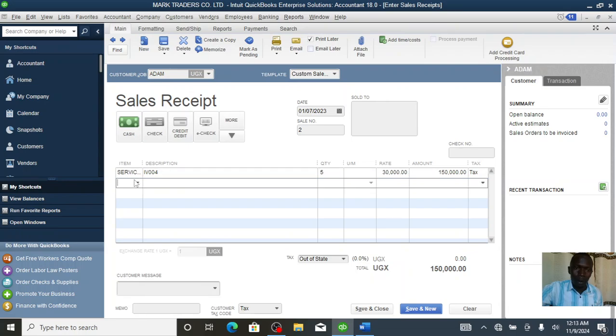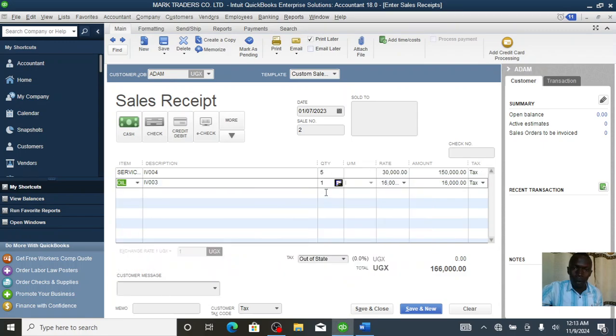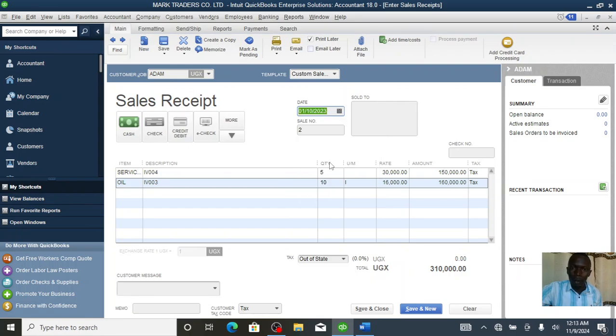Then engine oil, the quantity was 10. Then the date was on 10th. Then we save and close.